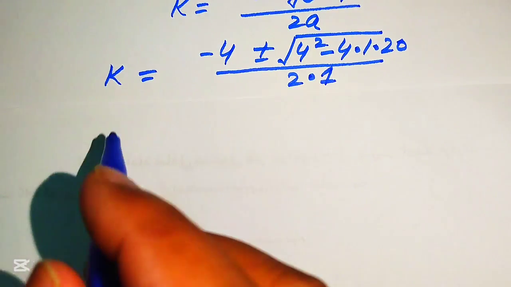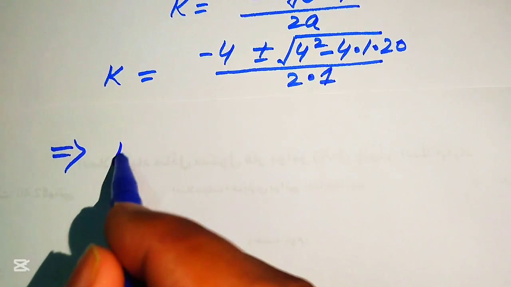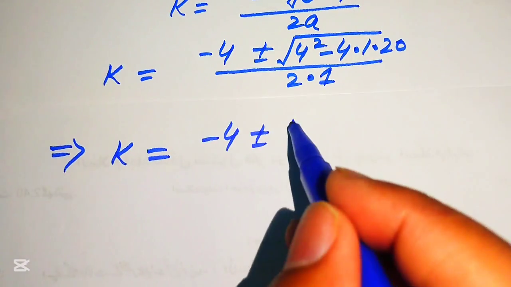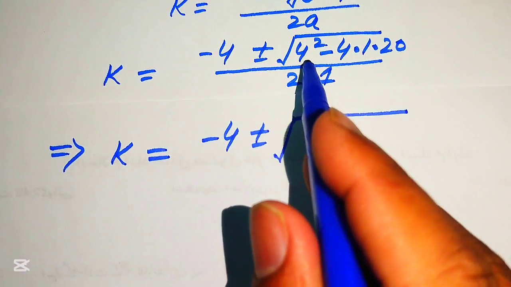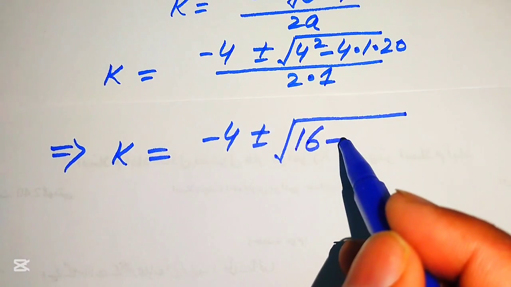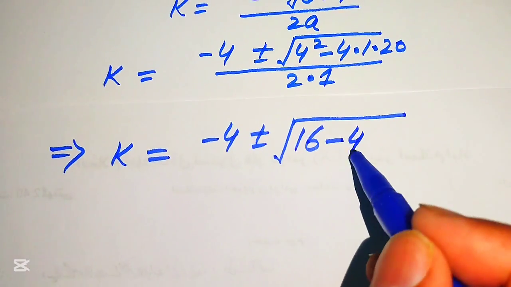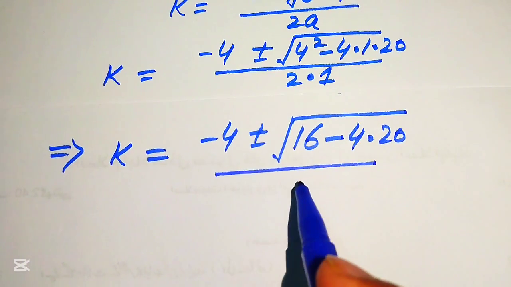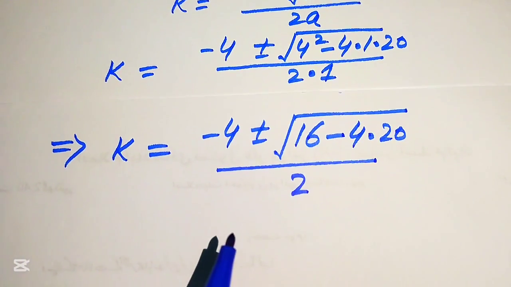And now in the next step we need more simplifications, and it will be written as k equals minus 4 plus minus square root of 4 square equals 16 minus 4 times 20, divided by 2 times 1 becomes 2.